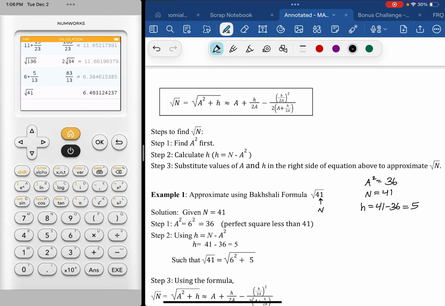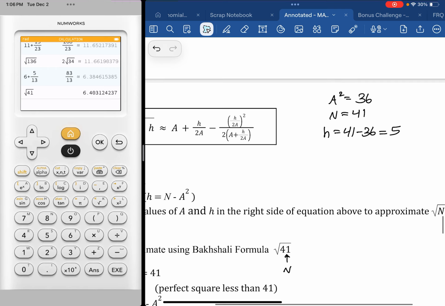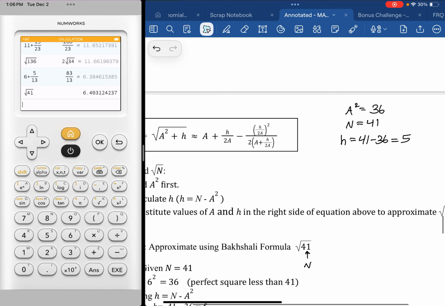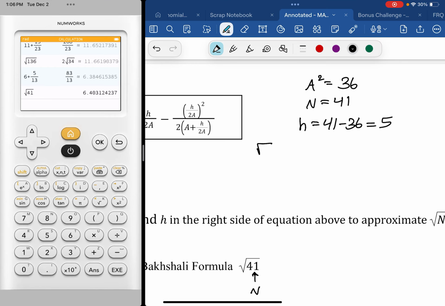Then we can start setting up our formula. Just so I can reference it side by side, I'll do it up here. I'll write that first step here, because we're looking for the square root of n.